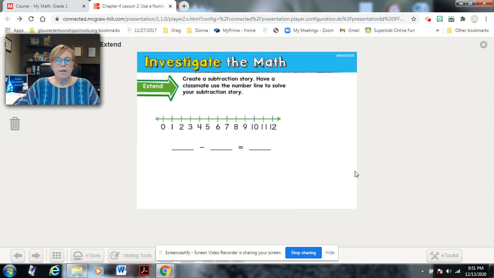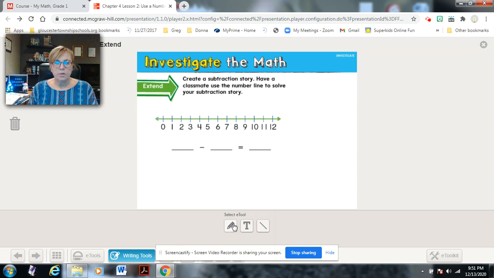Okay, now this one says they would like us to create a subtraction story. And it says, have a classmate use the number line to solve your subtraction story. Well, I would suggest showing your adult or an older brother or sister, okay? And again, here's our number line, the segment between 0 and 12. So I'm going to make my subtraction number story begin at 12.